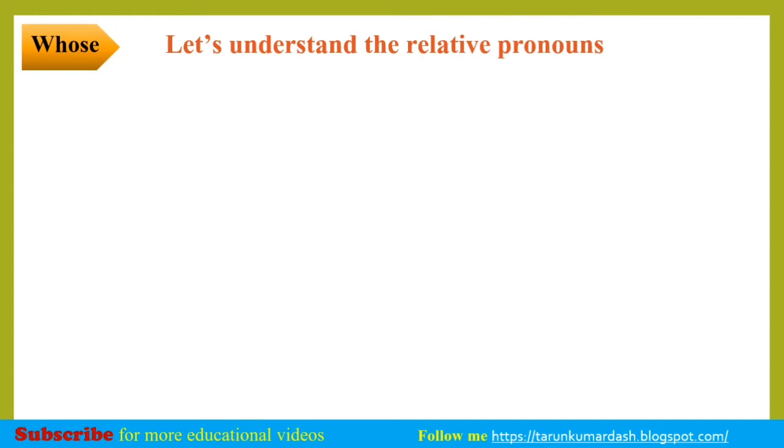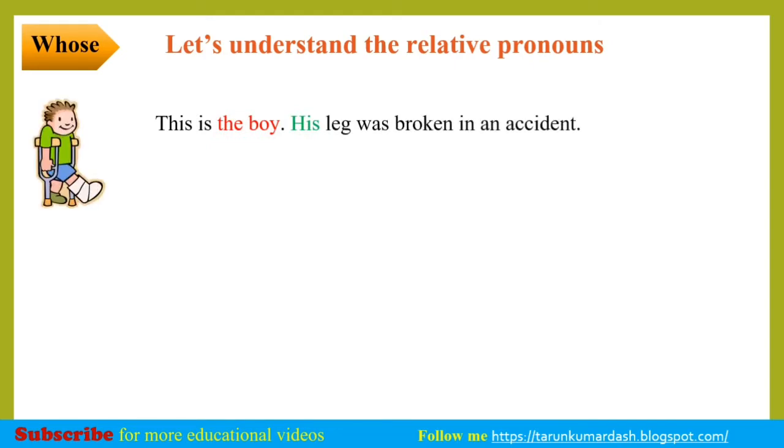Next word comes here, whose. And for whose, we can have the sentence, this is the boy, his leg was broken in an accident. So here generally, my dear friends, his has been used, you can see. So let's make a question with the second sentence. His leg was broken in an accident.